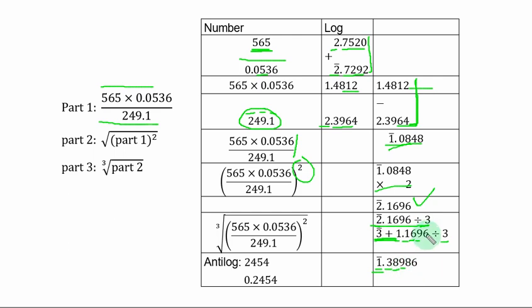Remainder 2, take it to 6, it becomes 26. Divide by 3, you have 8 remainder 2. No other digits. If you wish to continue, because of the decimal point, you can add 0 to remainder 2, it becomes 20. Divide by 3, you also have 6, and so on.